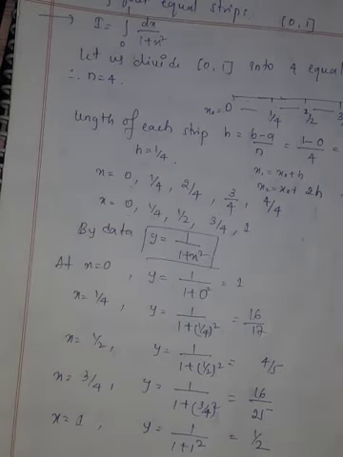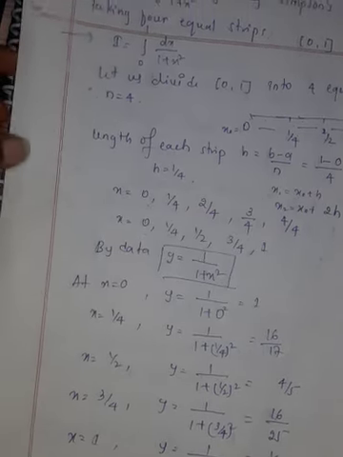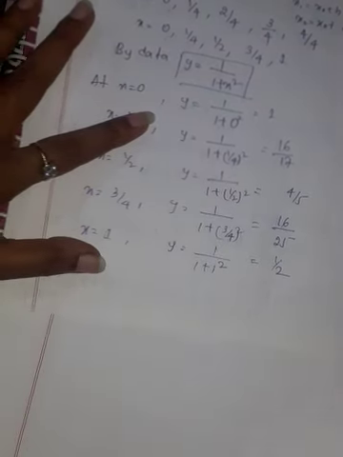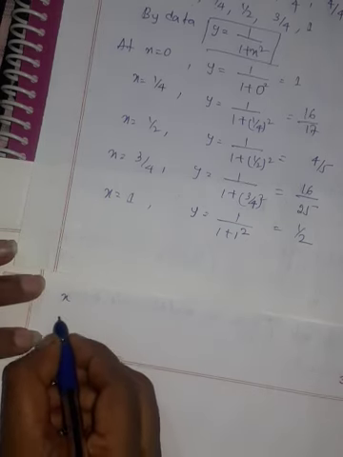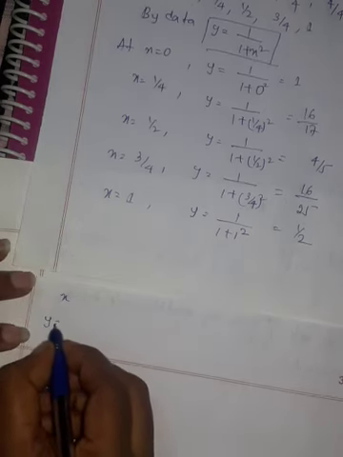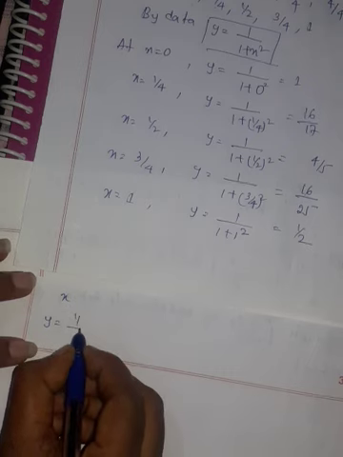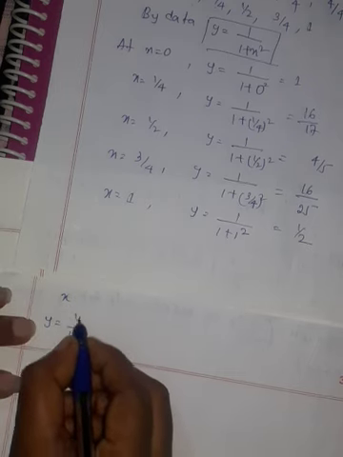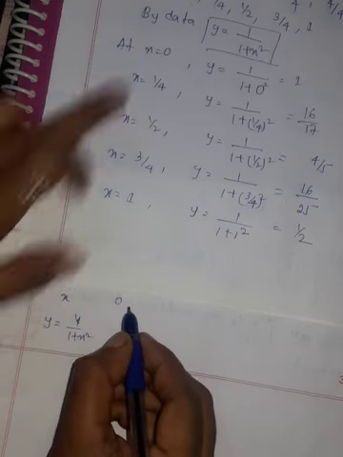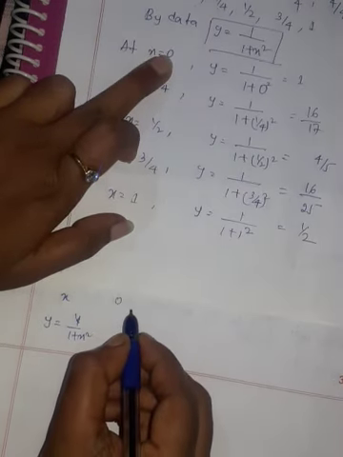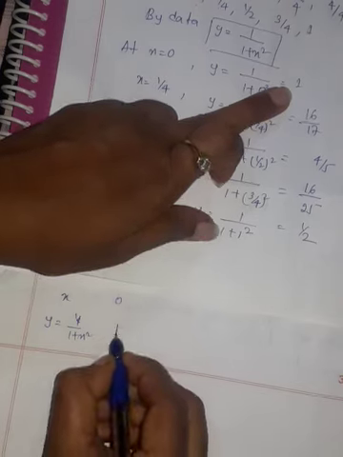Now let us construct the table. The table should have first the x row and next the y row. y is 1 divided by 1 plus x square. For x equal to 0, the value of y is 1.